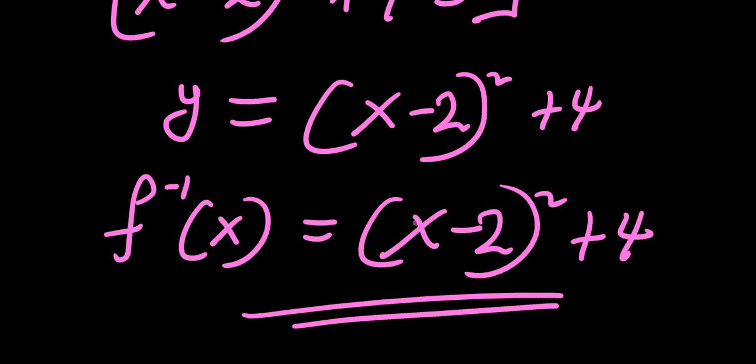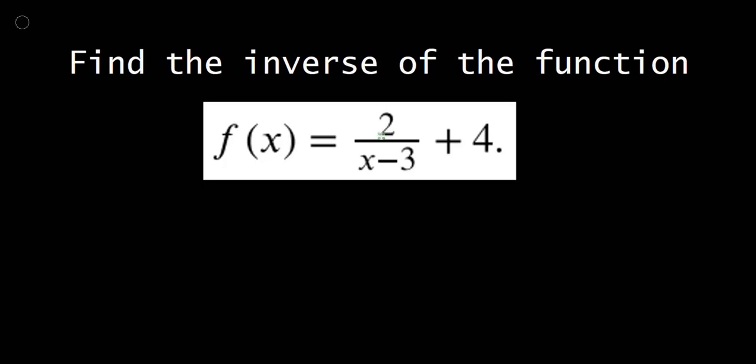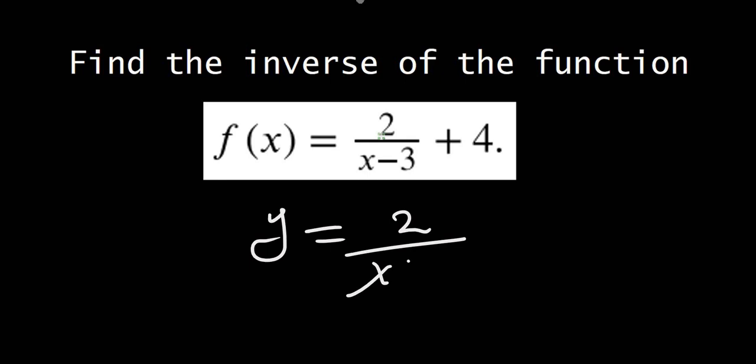All right, let's move on to the next one. All right, this question says, find the inverse of the function f of x is equal to 2 over x minus 3 plus 4. So the first thing we're going to do now is to change f of x to y. So that will become y is equal to 2 over x minus 3 plus 4.